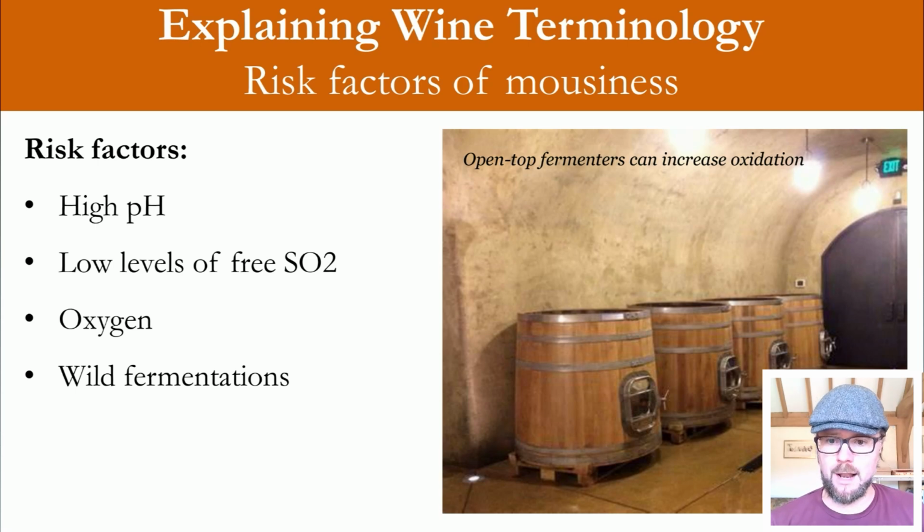mousiness to develop. So things like overripe grapes, which have low acidity and a high pH, working with no or very little added sulfur. Of course, lots of oxygen. You'll see open top fermenters on the right-hand side.